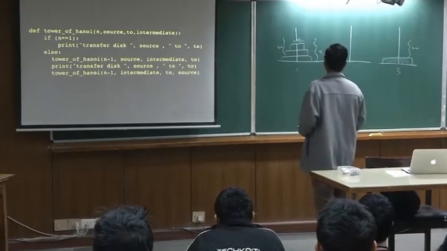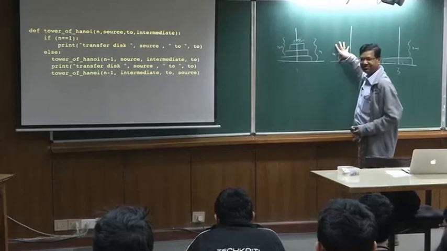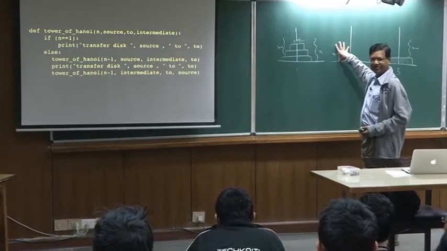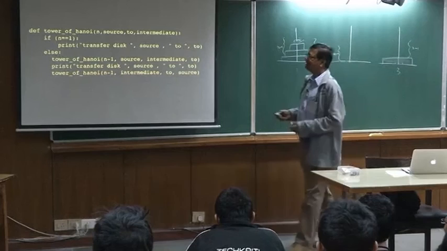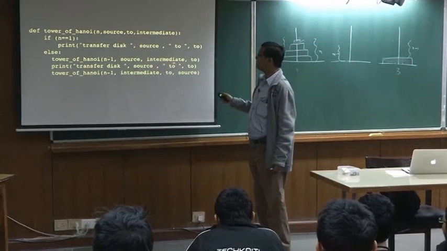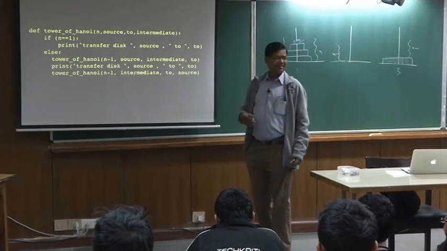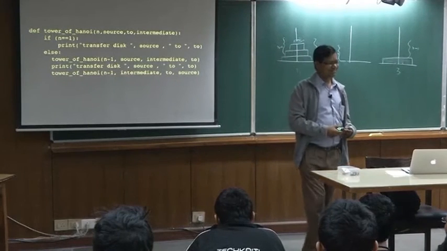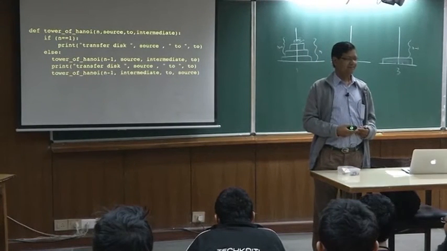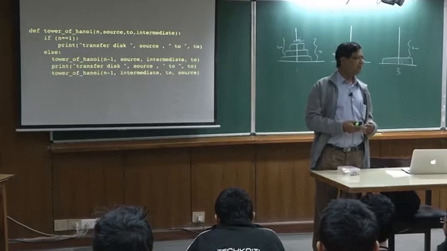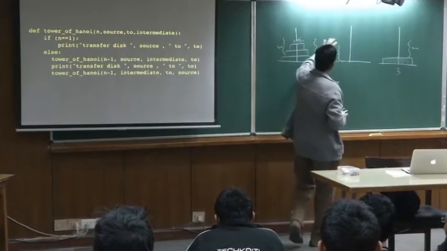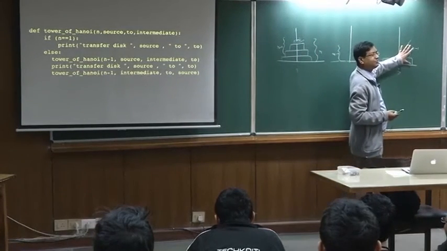So what did I say? I take n minus 1 disks from source to intermediate first, that is the first step, but 2 will be my intermediate for that process. If I want to send n minus 1 here, I can use this as an intermediate.